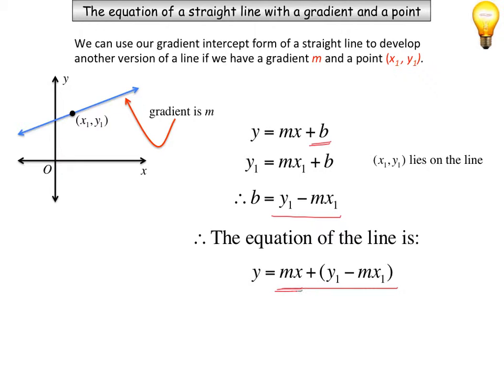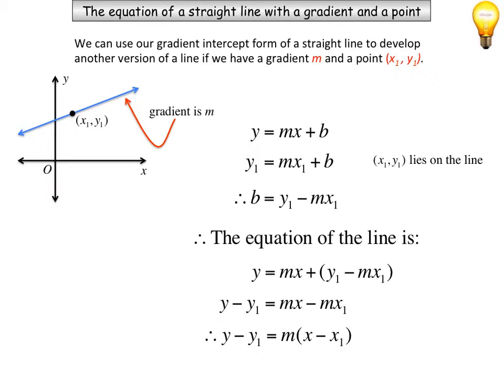So mx plus b, and there's our b value. I get all the y values together, so this goes to the other side, so it becomes a minus, and these two match up together, and then I can factorize the value of m.